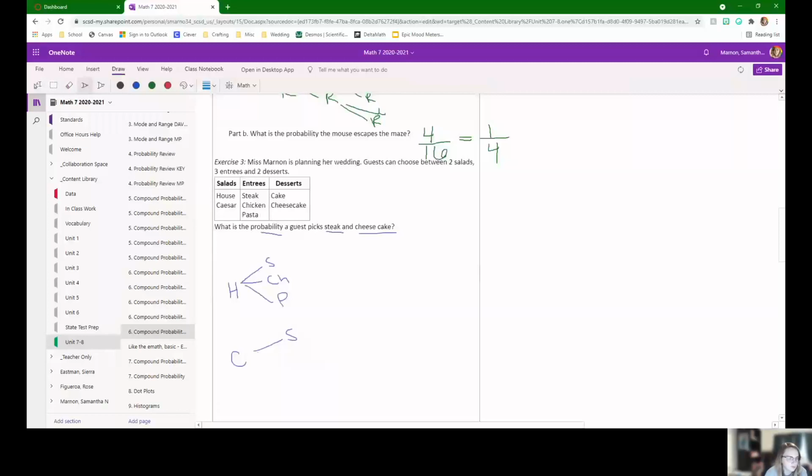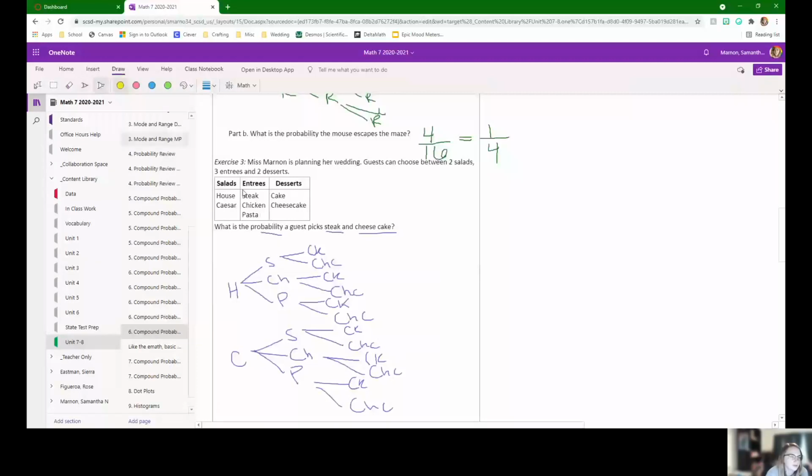And then they can get cake or cheesecake, cake or cheesecake, cake or cheesecake. We're going to keep repeating this for the other salad.